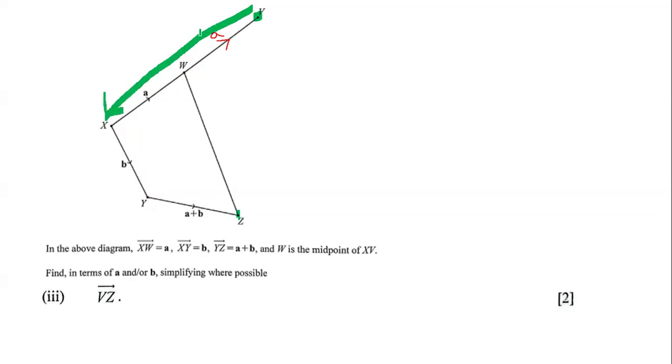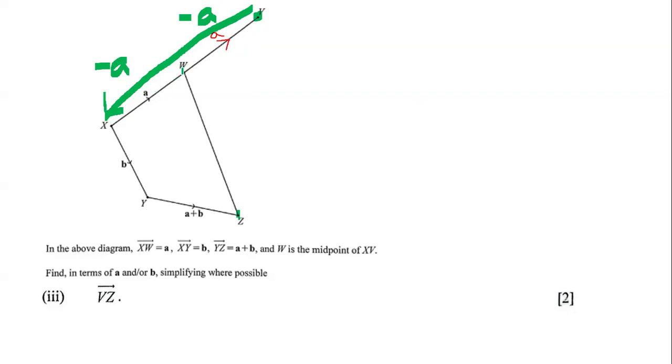And so what does that mean? Well, if we go from v to w, that's going to be negative a. It makes sense that it's negative a because going in this direction is a, but going in the opposite direction is negative a. And if we go from w to x, that's going to be negative a again, because going from x to w would have been positive a, but we're going from w to x.